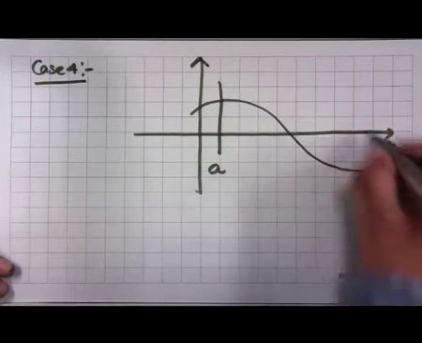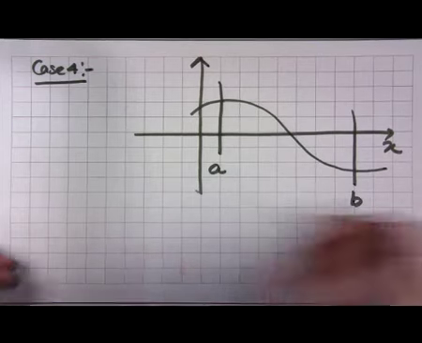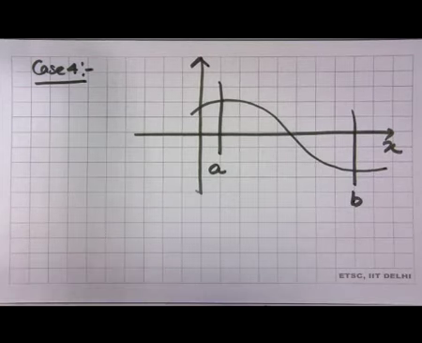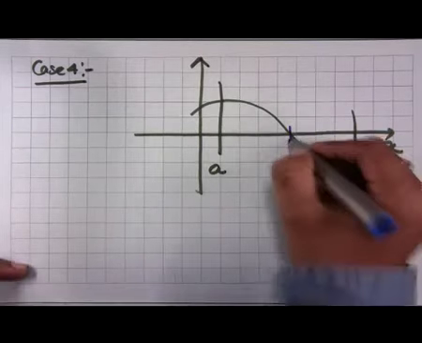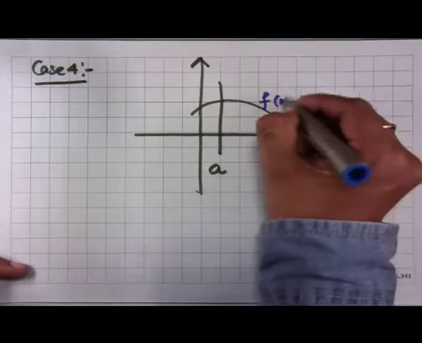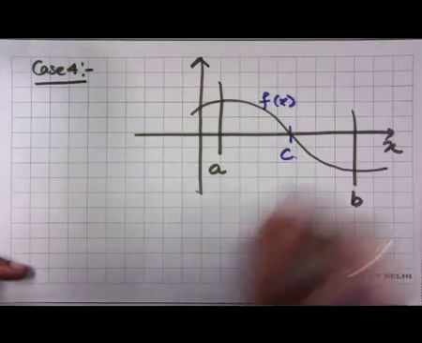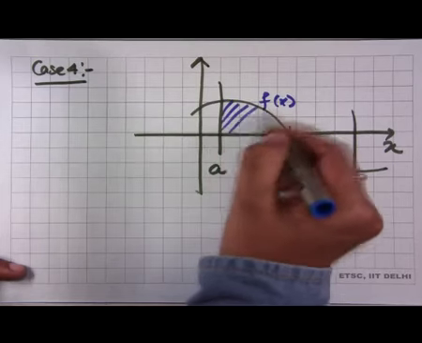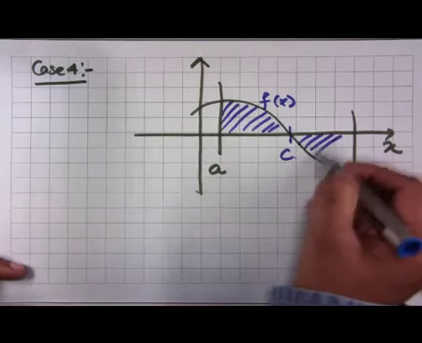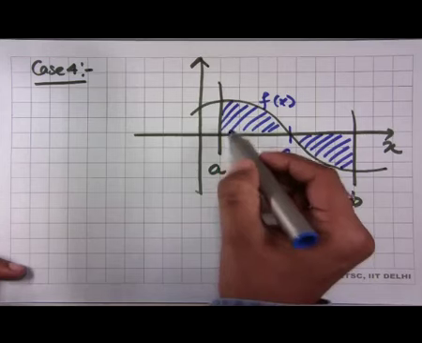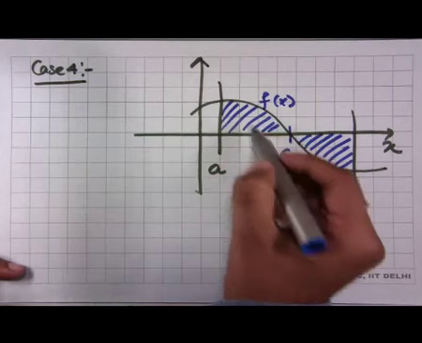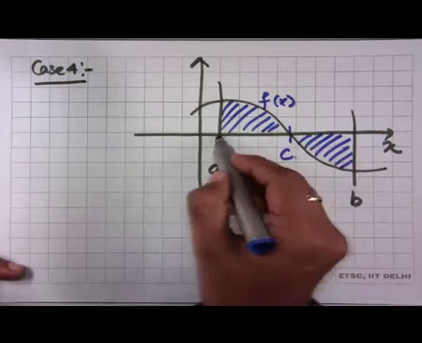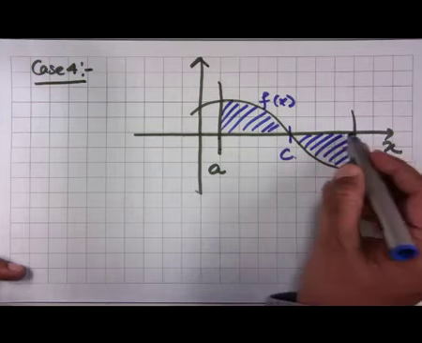Say this is a, this is b, and this point of intersection of the function f(x) with the x axis is c. So you want to find out the area of the function which is bounded between x equals a and x equals b and the x axis.